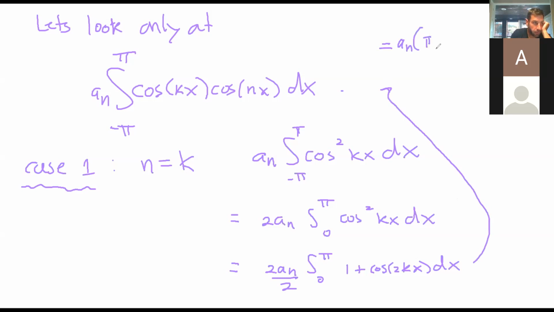And if you integrate the cosine, well, what's the integral of cosine? It's sine. So this becomes plus 1/2 the sine of, when you plug in 0, it goes away, and then it's 2k pi. But we know any integer multiple of pi gives 0, so this goes away. So all you're left with is pi times a sub n.